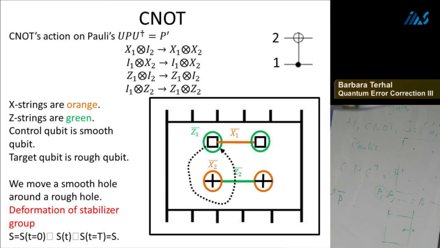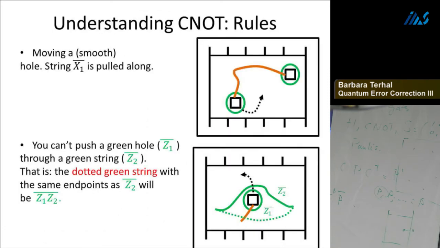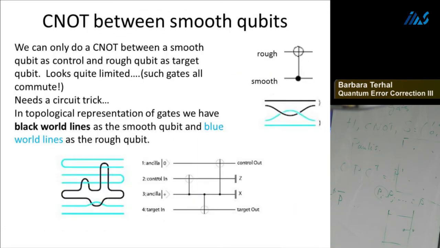Because you have the Z2, which is the string connecting these two. What happens is that the Z1 gets pushed through it, so the Z2 becomes Z1 Z2. And something similar happens for the X1, X2. So that's a way of understanding the C0 in a topological way.